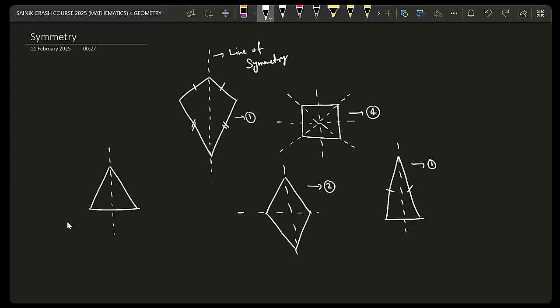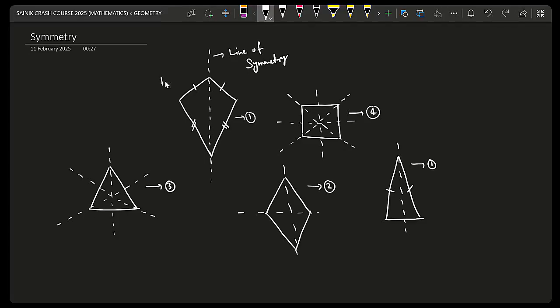Yes, sir. Is this also a line of symmetry? Yes, it is equilateral. It is symmetrical along all the three sides. You take any equilateral triangle and try to fold along three lines of symmetry. Every time it matches. Three lines, sir. Okay, so equilateral triangle is going to be three.